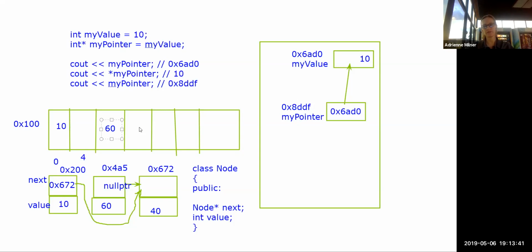Okay, so that's one reason pointers are very useful. It gives you a lot more flexibility over the structure, over the allocation of where things reside in memory.